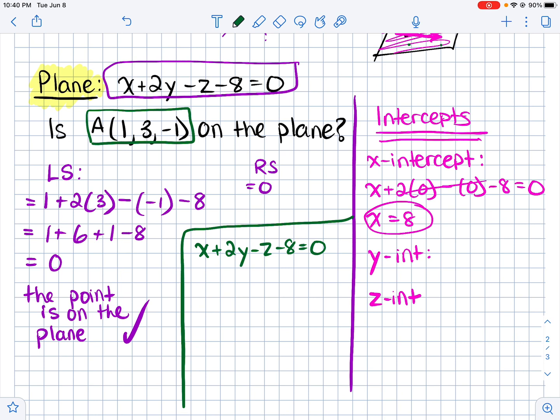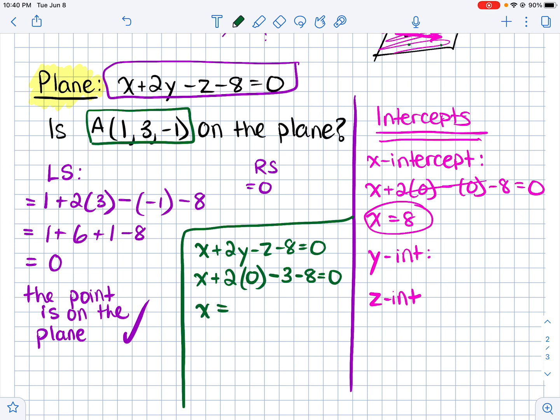So you know what? You can just make stuff up for x, y, and solve for z if you want, or make something up for 2 of them and solve for the third. Okay, so I'm gonna make y, I don't know, 0. I'll make z 3, just randomly. And then I'll solve for x.